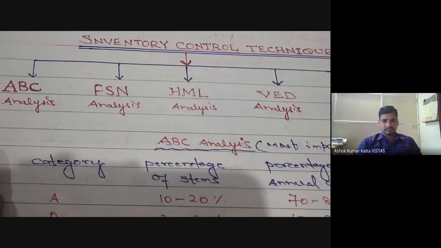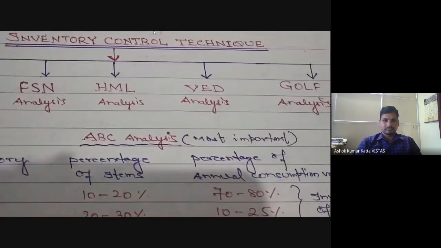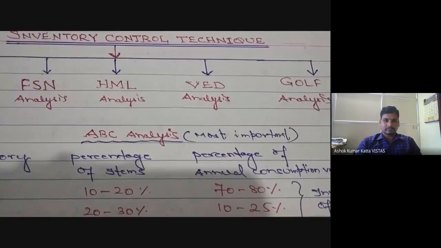ABC analysis is on the basis of annual usage consumption. FSN is on the basis of fast moving, slow moving, or we can say the frequency of usage. HML analysis is on the basis of per unit cost, VED on the basis of criticality of the production function, and GOLF analysis is on the basis of the source of supply.